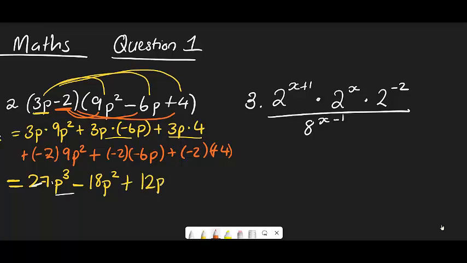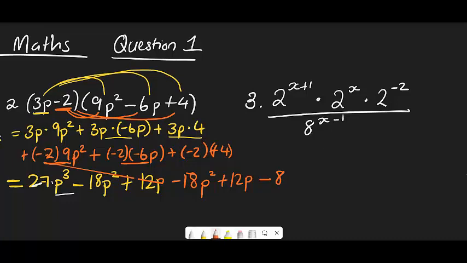Let's do the orange ones. This one becomes negative 18p squared, positive 12p, and my last one is going to be negative 8. Now I'm going to add like terms.